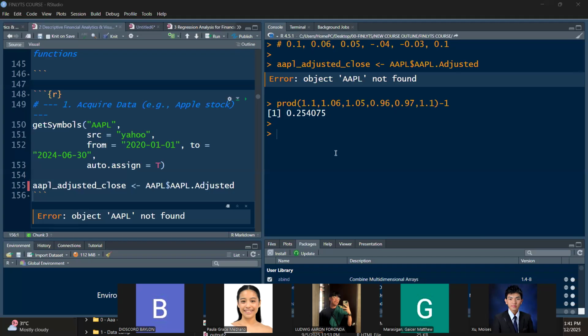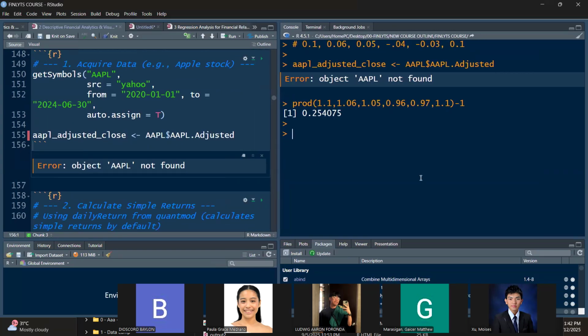Then I summed the returns, not the product. You can't sum returns, class, because these are simple returns. Yes, okay, sir. So that's very important. Thank you, Pao. It's very important to follow the rule. The rule is that when you're computing for the simple returns, you get the product.